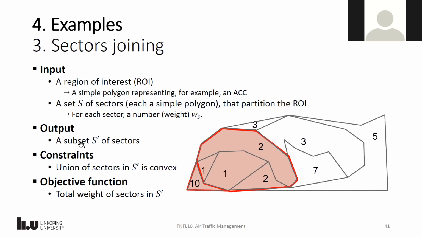The output must be a subset S prima of sectors. The constraint is that the subset must be convex, and the objective function is the total weight of the sectors in S prima. So the objective of this problem would be to minimize this total weight.